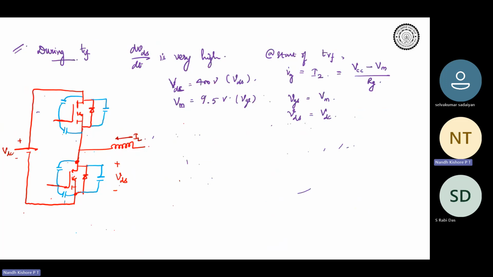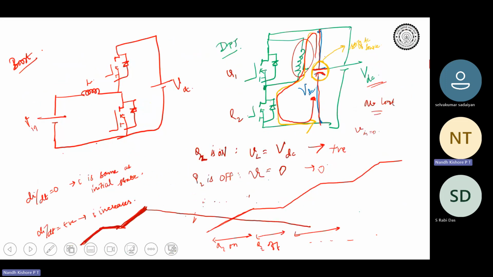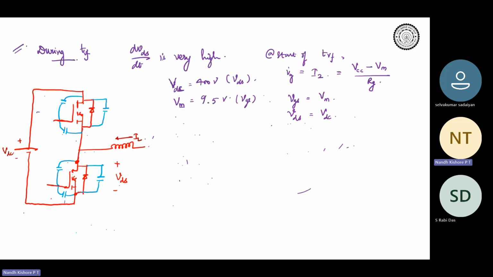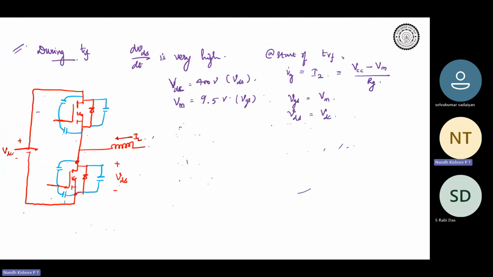So you tell me, can I safely assume that, since your dVds by dt is very high, and of course the voltage at this point is zero, I can write that dVds by dt is almost the same as dVdG by dt? Can I write like this?